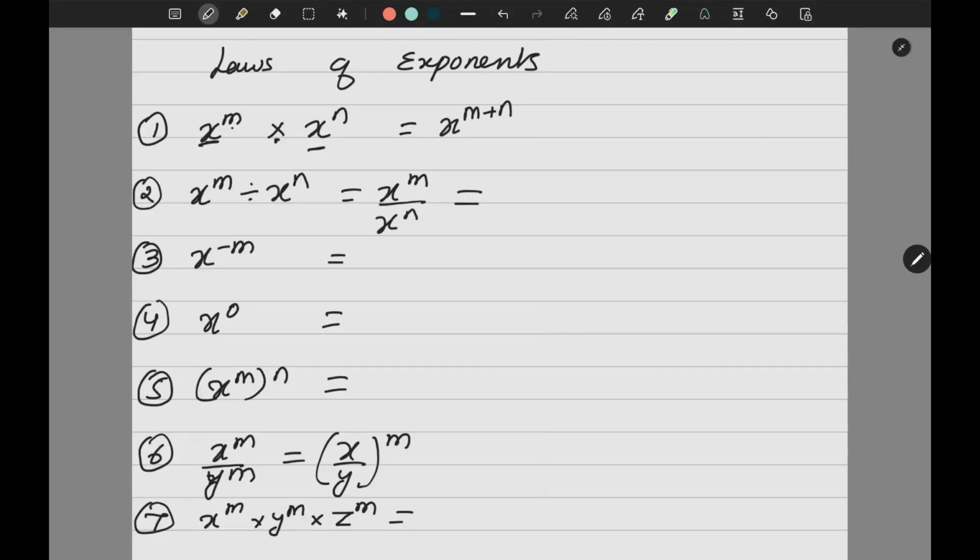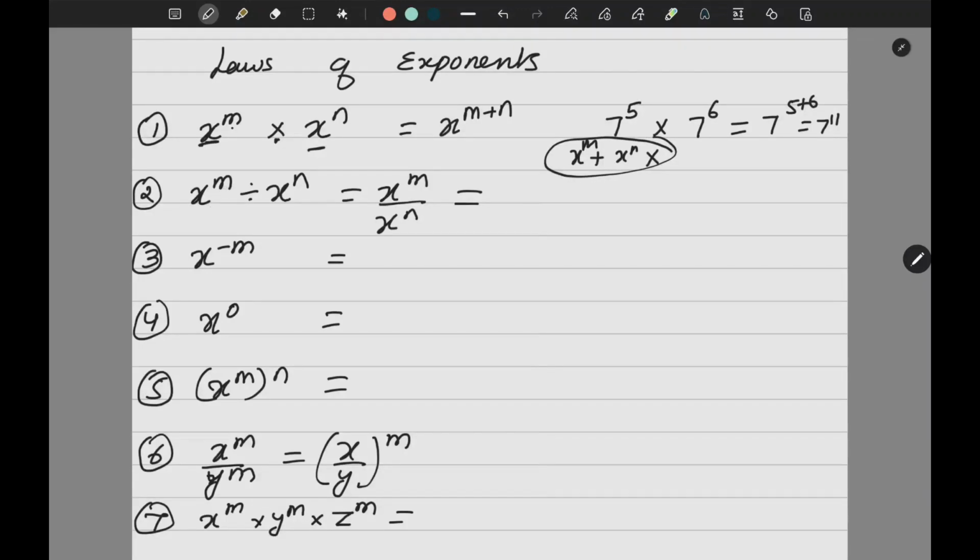Now take an example. Suppose I have 7 to the power 5 into 7 to the power 6. So this will become 7 to the power 5 plus 6, which is 7 to the power 11. Always remember, if there is a plus in between, then this rule will not work. It is only for multiplication.